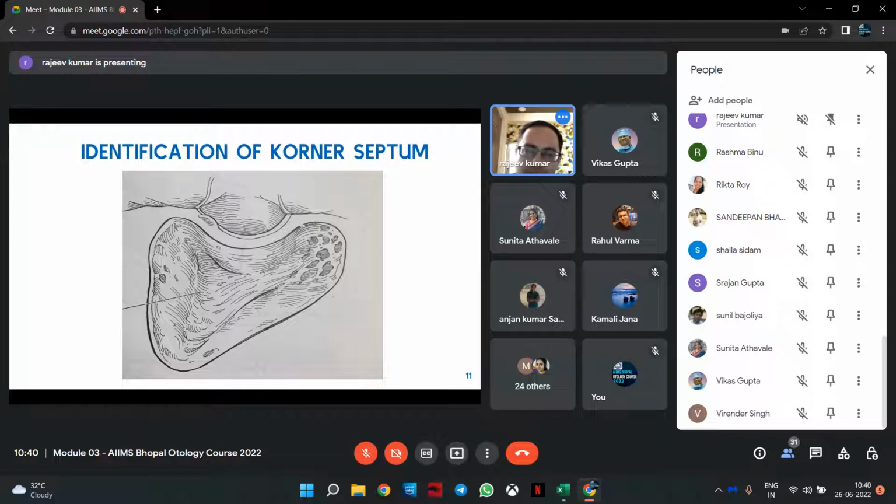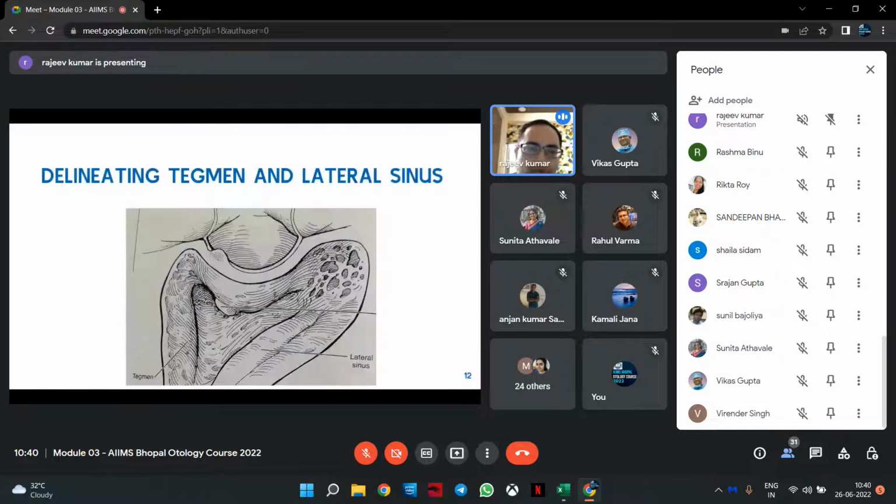Once you identify the Korner septum, you need to drill through it, and then you delineate the tegmen parallel, you delineate the lateral sinus and sigmoid sinus, skeletonize these two structures nicely, and try to identify the bulge of the lateral semicircular canal. If you see this bulge, you have entered the antrum. This bone is different from your mastoid bone.